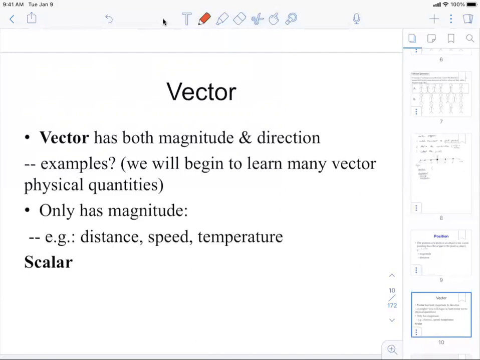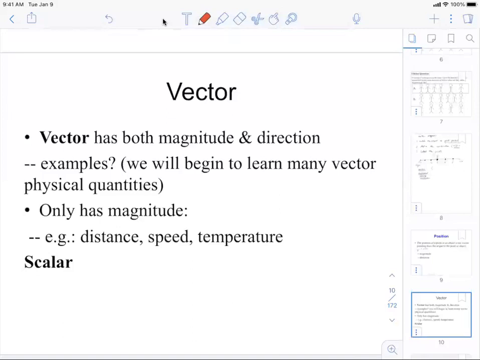Those are vectors. On the other hand, there are some other quantities that have only magnitude. For example, if you want to tell people simply the distance, it's different than talking about position. You say, I have traveled 100 meters, or I have traveled 500 miles. Those are just distance. It doesn't matter what direction it is. Or you're telling people about your speed, how fast you're traveling.